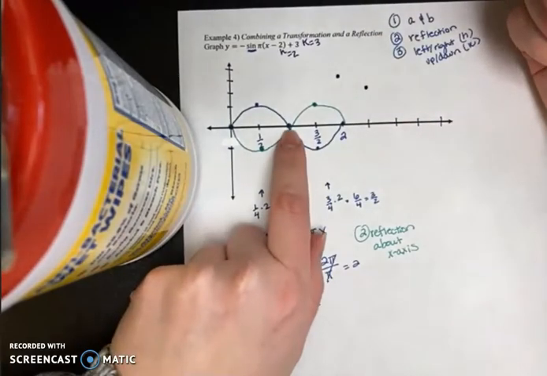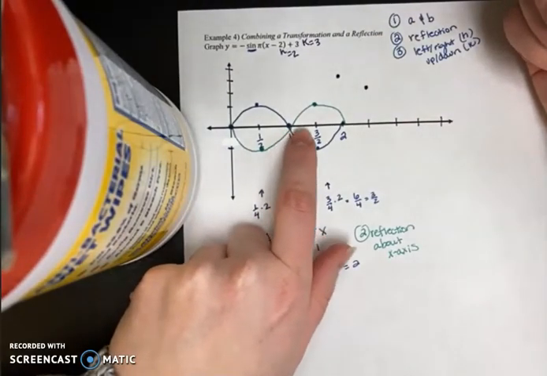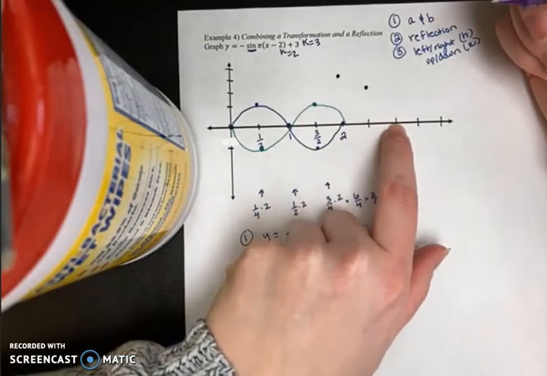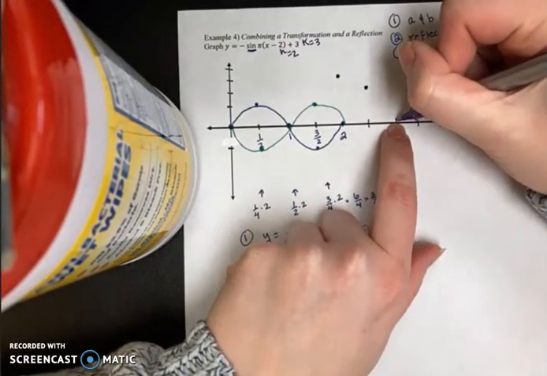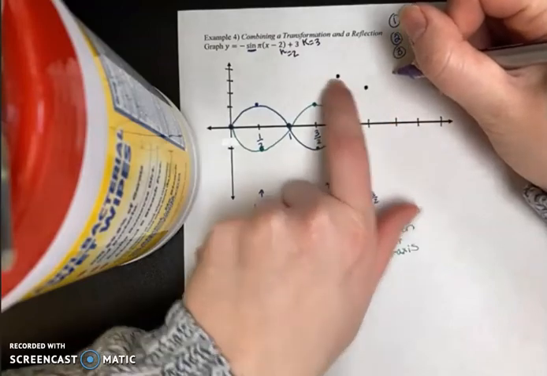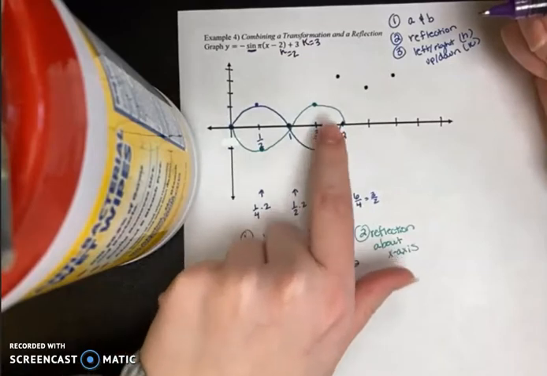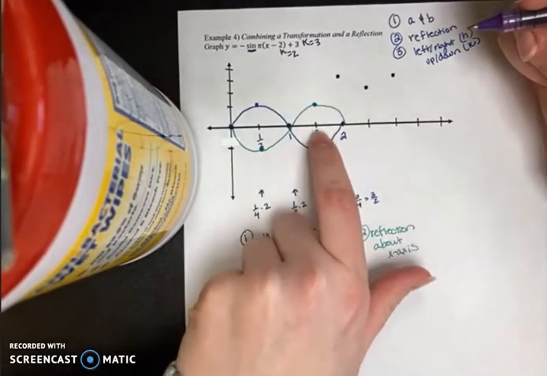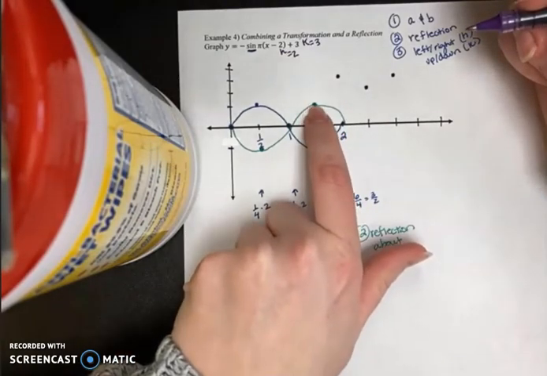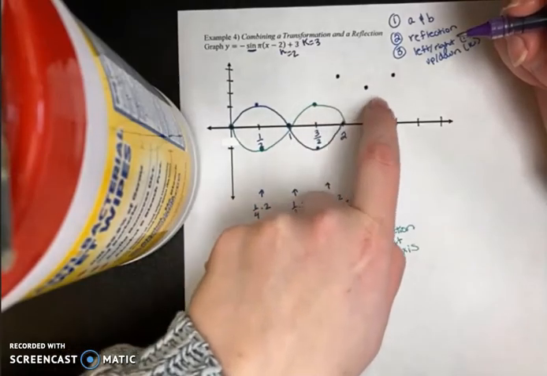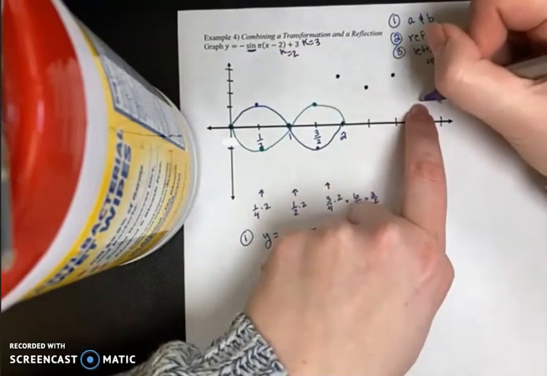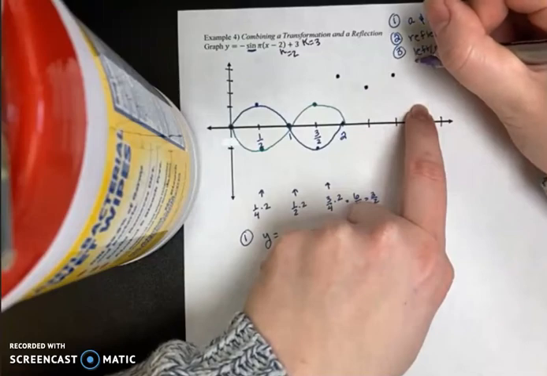Next, at 1, 0, I'm going to move it right 2. So 1, 2, and then up 3, which is right about here. At 3/2, 1, I'm going to move this point right here, right 2, so 1, 2, and then up 3, which is right about there.